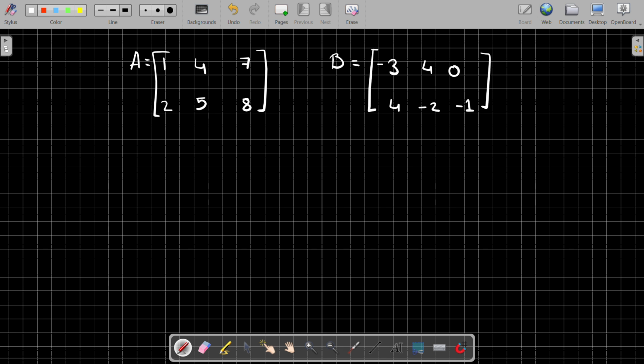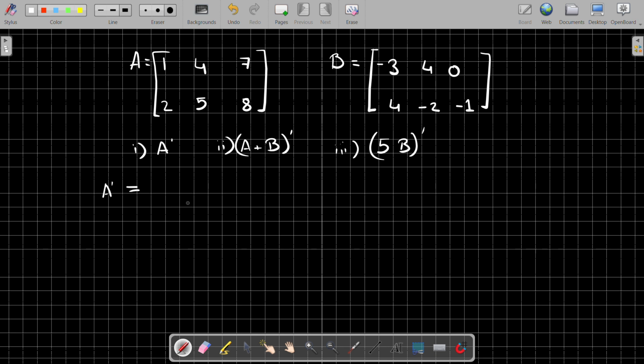Now we have to find A transpose, then A plus B whole transpose, and third, find 5B whole transpose. So let's get started.